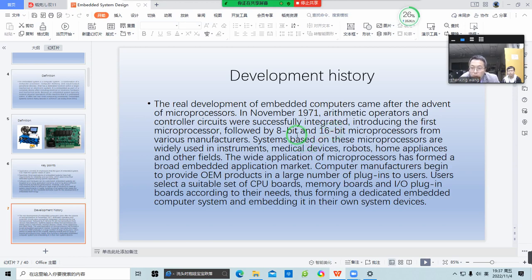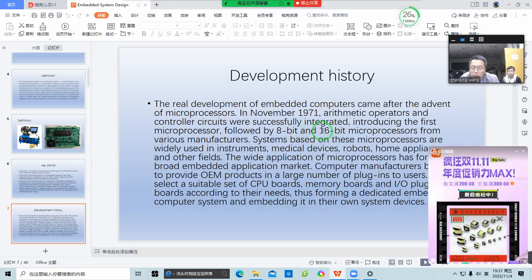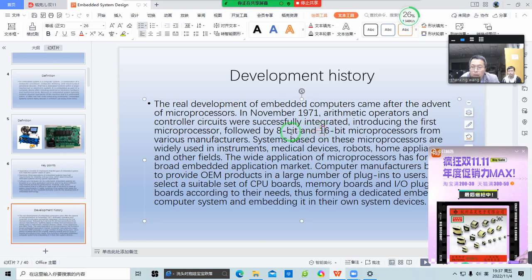For example, MCS 51 and MCS 8090. MCS 51 is an 8-bit microprocessor. MCS 8090 is a 16-bit microprocessor.